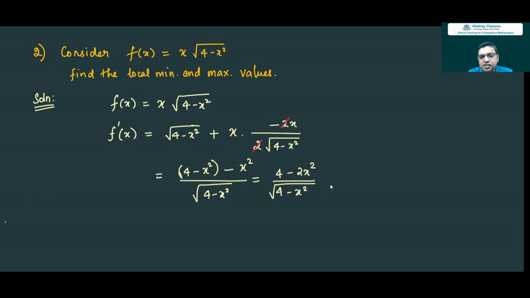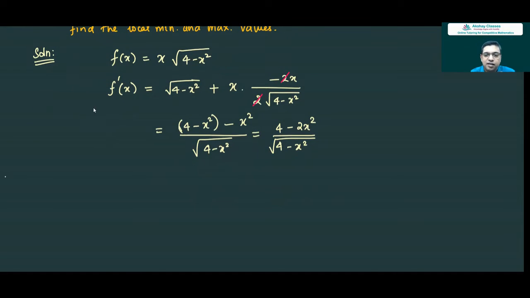Now, common sense tells us that going for the second derivative will complicate the issue. We can get it, but it will take more time. But anyway, if the first derivative has to be equated to 0, we get 4 minus 2x squared, which will give us x as plus or minus under root 2.